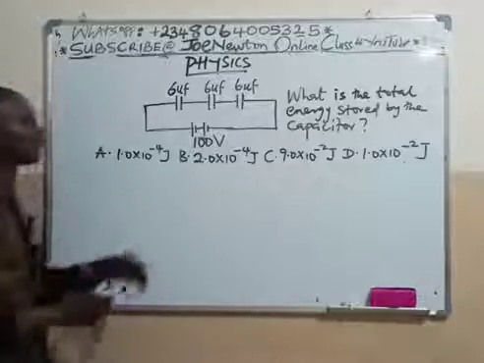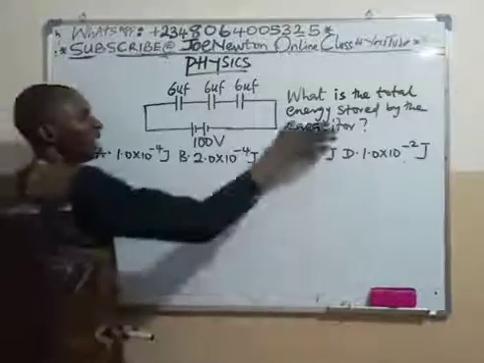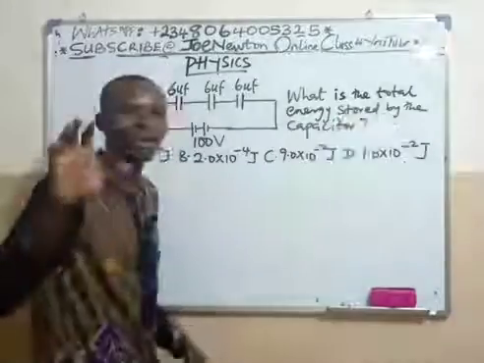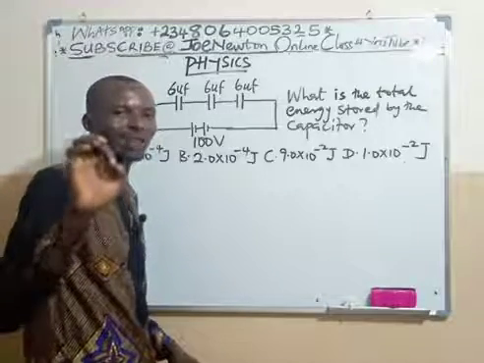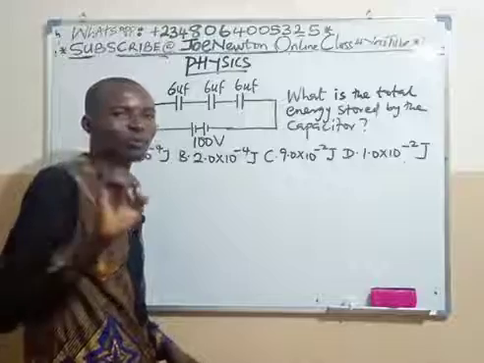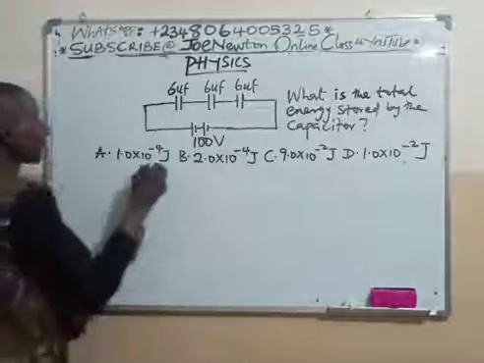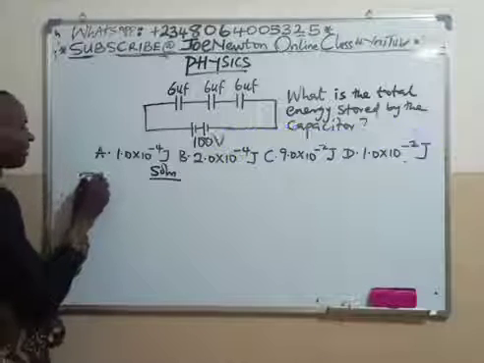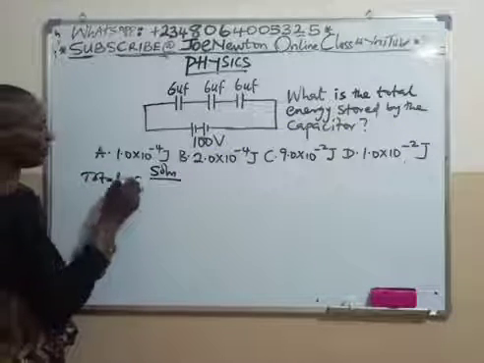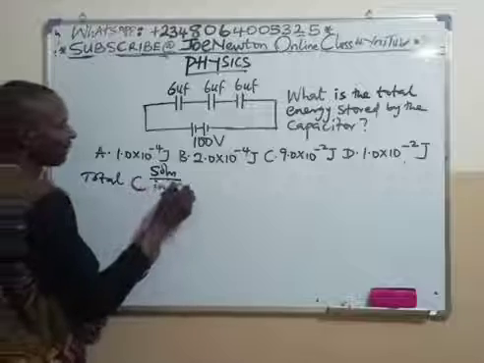Now, for what we have on the board, before we could find the energy stored, we first find the total capacitance, because we are not given the quantity of charge, to use the direct formula. Solution for total C in series.